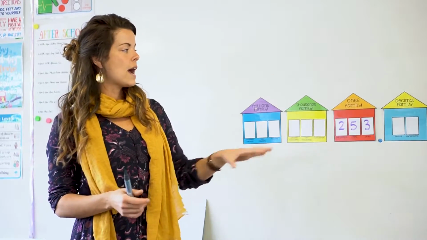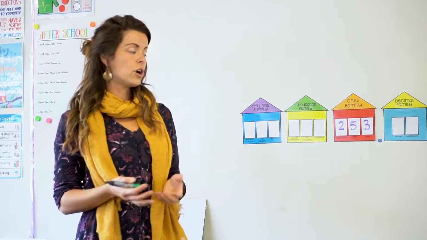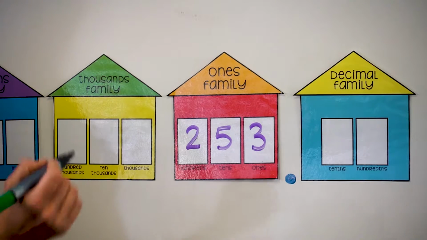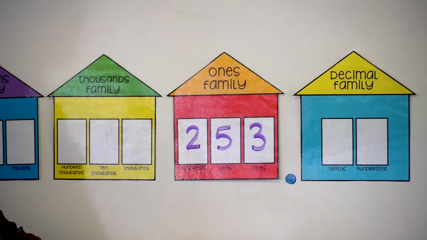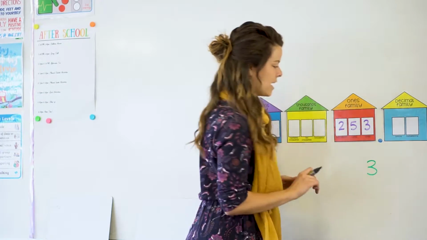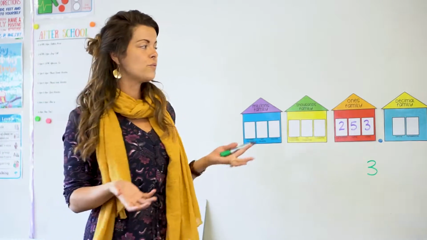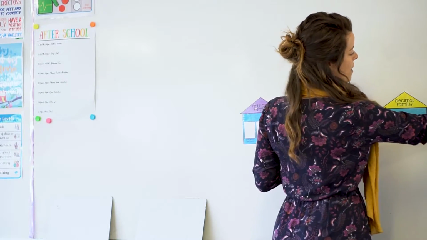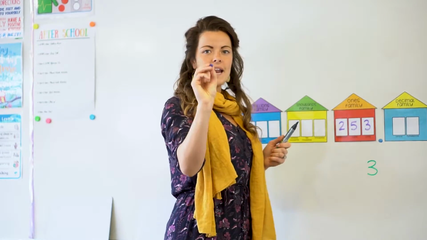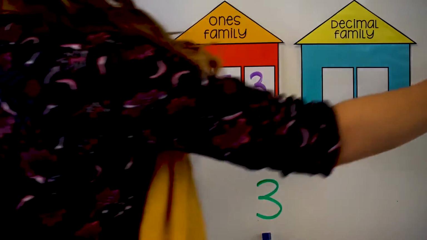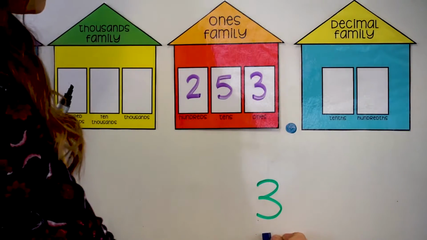And we could even use our materials for the child to show us. We would expect the child to identify the number in the ones column as 3 units. We'd ask what that would look like using our materials, so we'd get our MAB blocks, talk about how these are our units, and look for 3 of these.